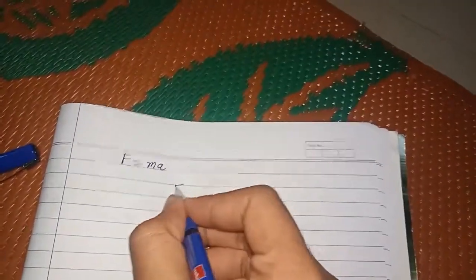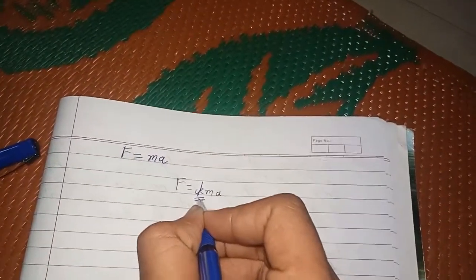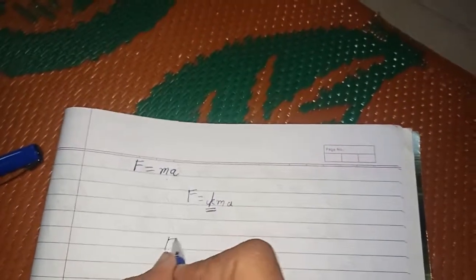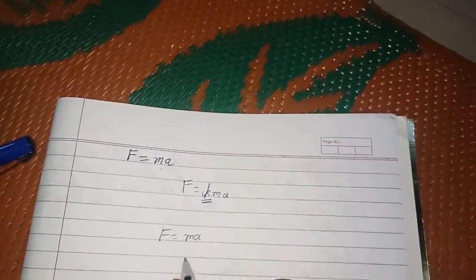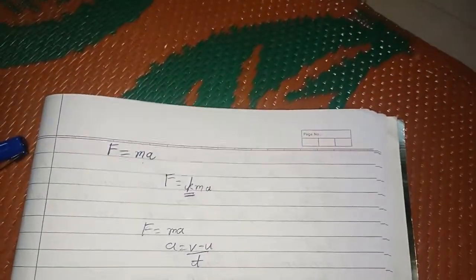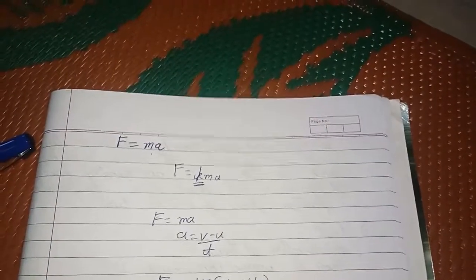You will find the derivation that F is equal to kma, and we do not include k here. So if F is equal to ma, and a is equal to (v minus u) by t, then F is equal to m into (v1 minus u1) upon t.